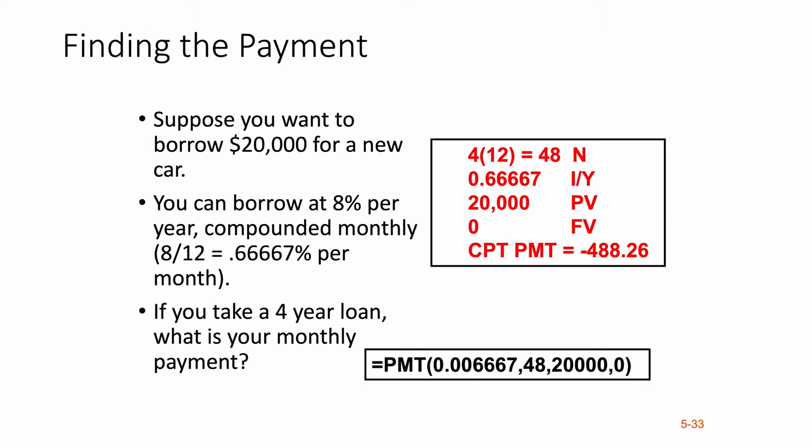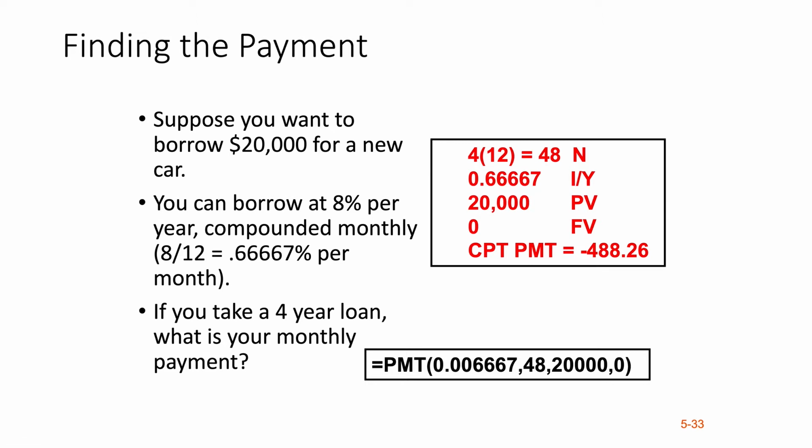Your financial calculator only shows two digits after the decimal point, so instead of keying in 0.6667, do 8 divided by 12, equal sign, and punch in whatever the number is. That way, you will avoid rounding error.